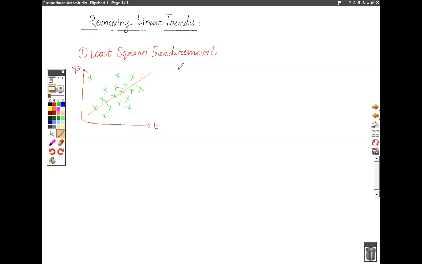So what in essence I'm doing is I'm defining, let us say I have a process xt here, which is a trendy process. And what I can write for this is, let us say that my trend is a deterministic sort of a trend. So I have alpha as the mean of xt, and then I have bt plus yt here. And yt here is a zero mean stationary process.